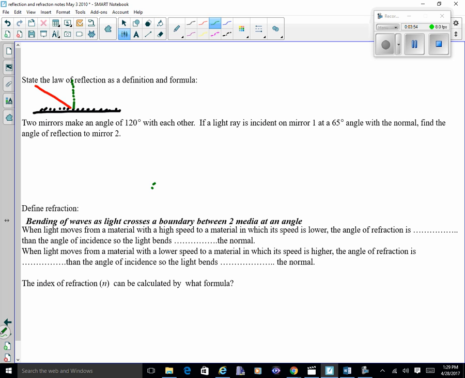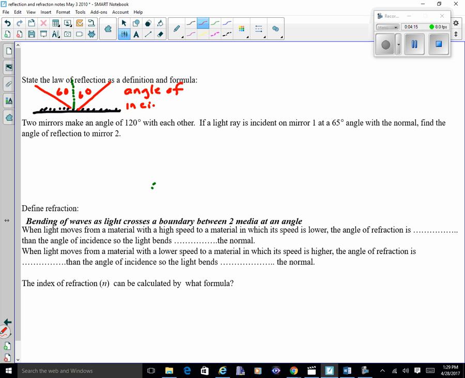If it comes in at a 60-degree angle, what the law of reflection says is it has to go out at a 60-degree angle. So the angle of incidence, that's the definition here. What we call the angle of incidence is the angle that the laser comes in at.